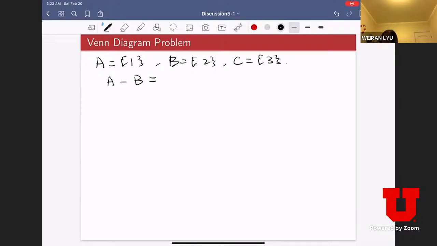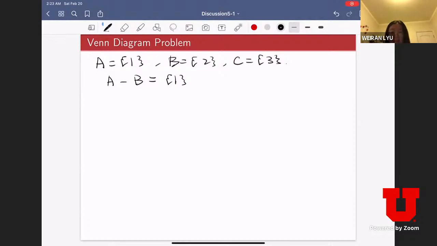And what is A subtract B? Just the set {1}. Yep. It's all the elements of A subtract the part where it intersects with B. Since A and B have no intersection, that means it just remains itself. So A subtract B will still be element 1.